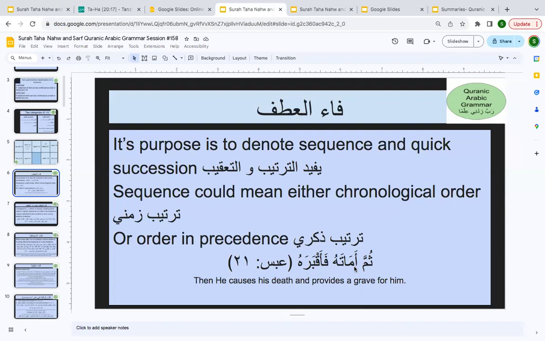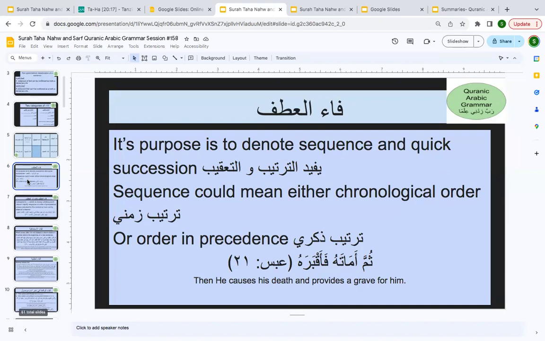If I say Ja'a Zaidun Summa Muhammadun, though you are not going to see it like that, I'm just giving you an example to make it simple and easy for you to understand. In that case, you will know that Zaid came, but Muhammad came after some time. Okay? There is tarakhi with summa, but fa means that they came in quick succession.